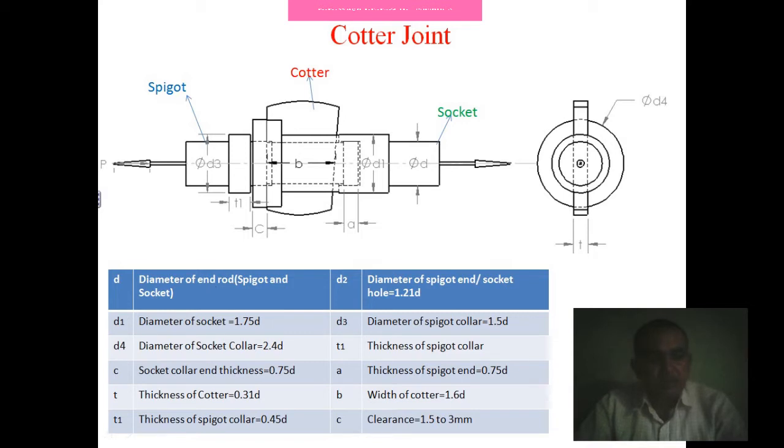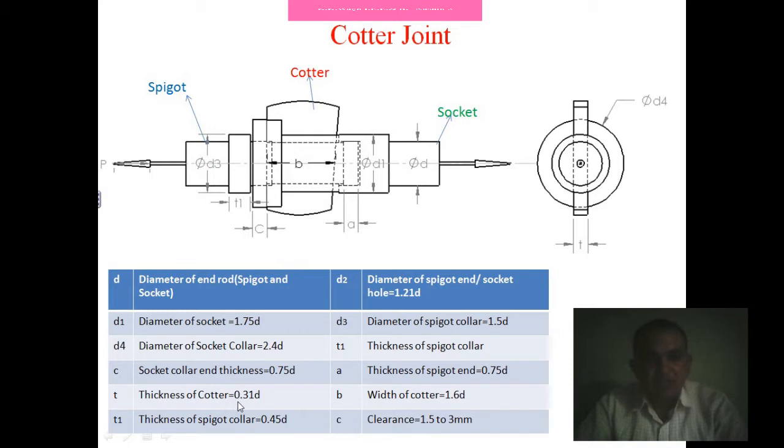Here d1 is the diameter of the spigot, and D1 is the diameter of the socket. D4 is the diameter of the socket collar. C is the socket collar end thickness, given as 0.75d.